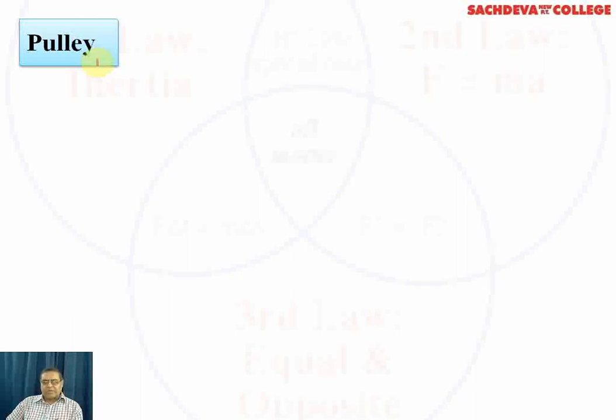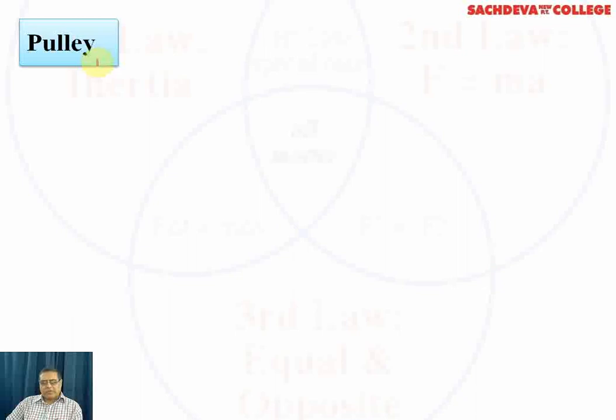Now, from these two equations, the tension will cancel off and we get the value of acceleration. Then out of the two equations, we put the value of A and we get the value of tension. It is found that the tension on the string is 2 M1 M2 divided by M1 plus M2, into G. Whereas the total force on the pulley is 2T, because T is upward and the pulley is being pulled downward.